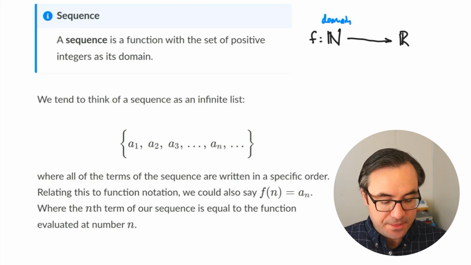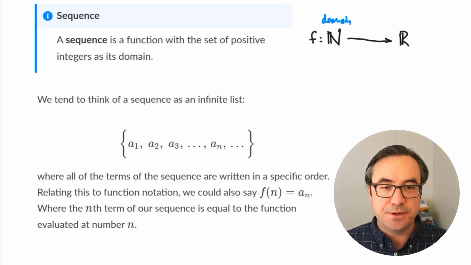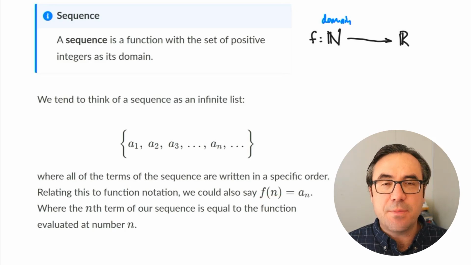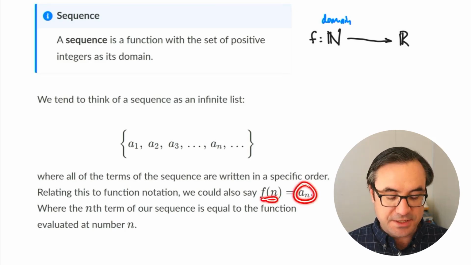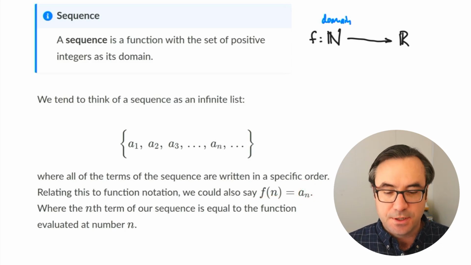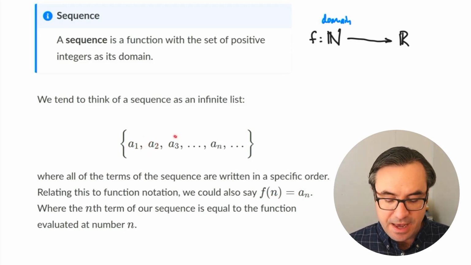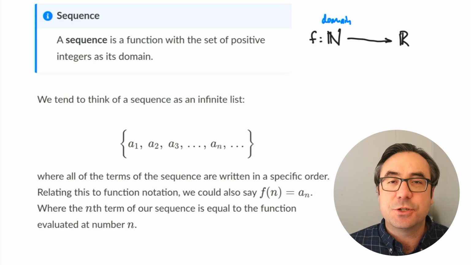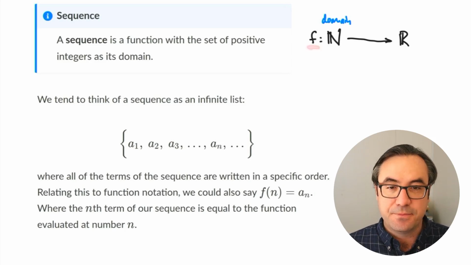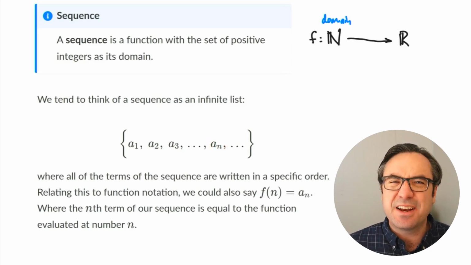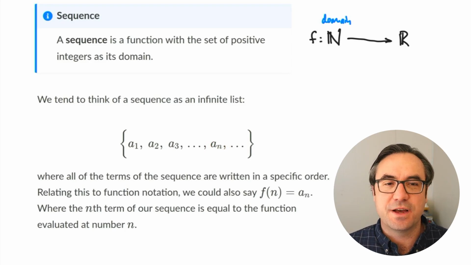If we're thinking of function notation, f of n represents the nth term of our sequence. This would be f of 1, f of 2, f of 3. We're just plugging the integers into the function f, and it's giving us out a list of numbers. We look to the general term a sub n as the formula for this function.